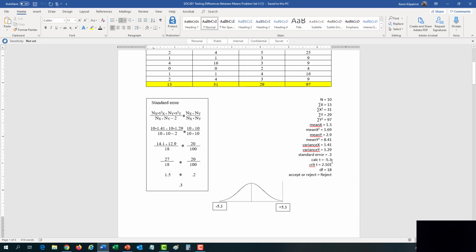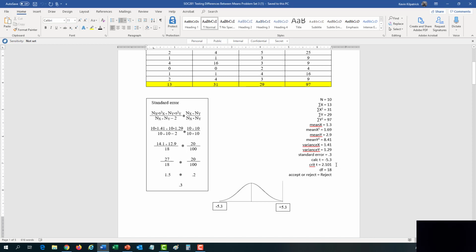But the trick here is that this is a two-tailed test, and you have to imagine this curve with both tails. And the negative 5.3 that you calculated exists below the mean down here, but there's also in a two-tailed test another tail with a positive 5.3 above the mean.